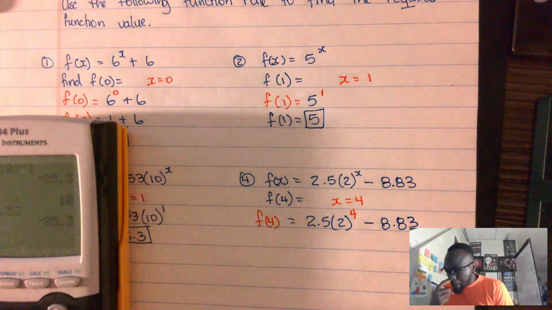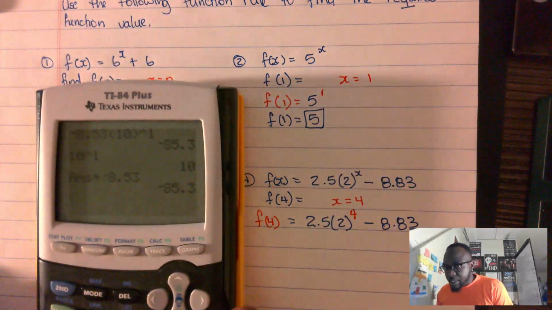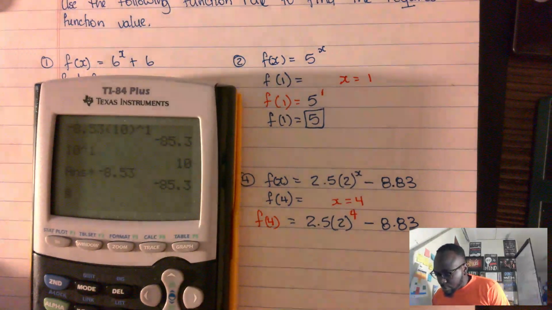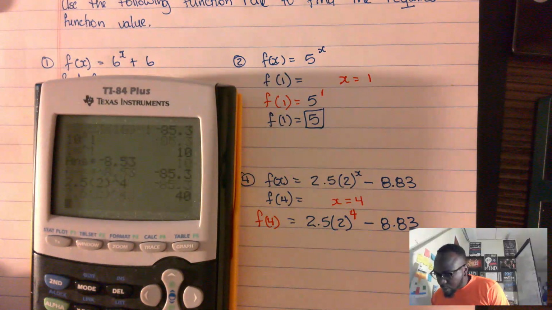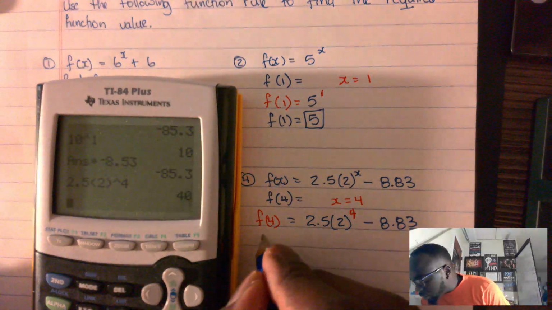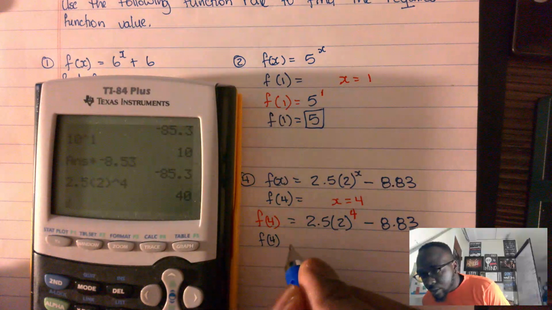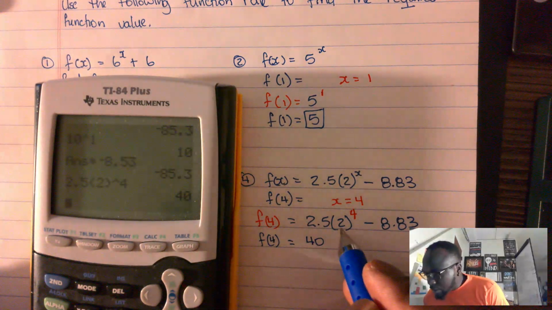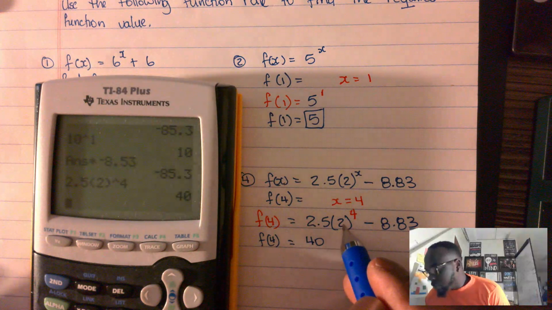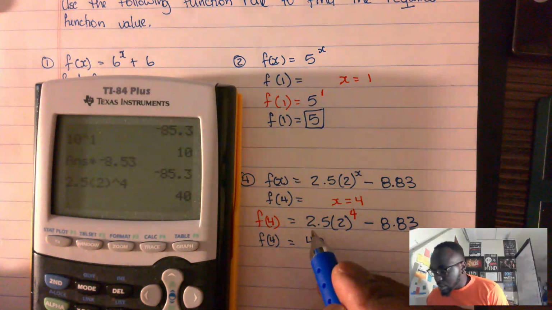And then you're going to minus 8.83. My calculator is here again, and I'm going to show you what I'm going to do. The first thing I'm going to do is 2.5 times 2 raised to the 4th power. This is going to give me 40. 2 times 2 is 4, 4 times 2 is 8, 8 times 2 is 16, times 2.5.